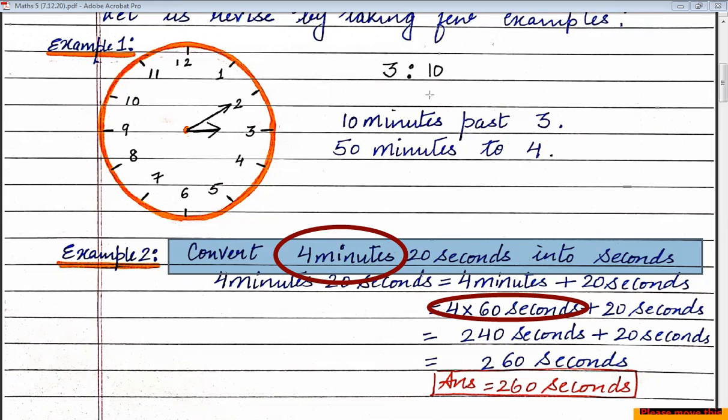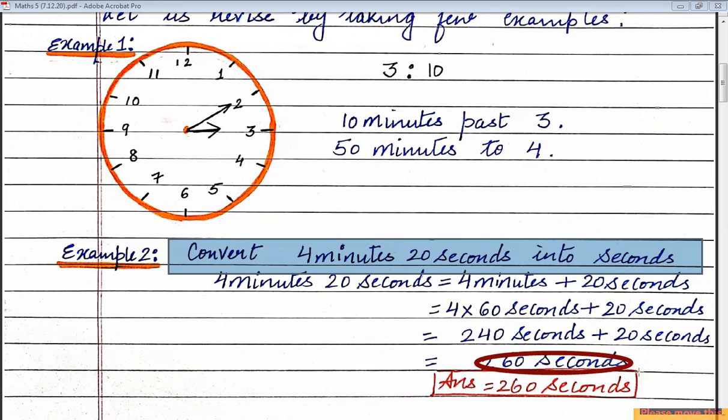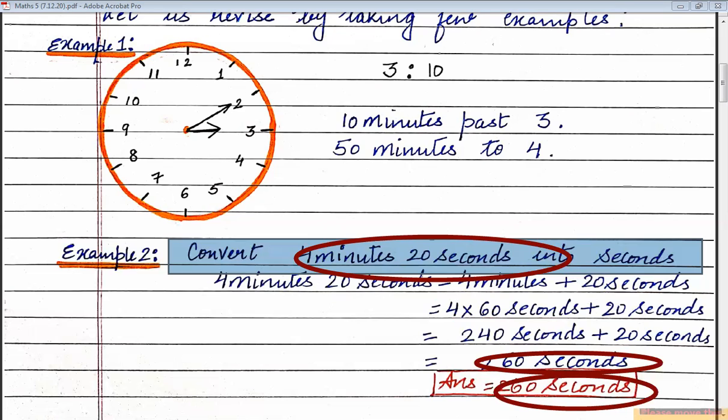So what is your answer? 240 seconds plus 20. Okay. So what is 240 plus 20? Your answer is 260 seconds. So 4 minutes 20 seconds is equal to 260 seconds.